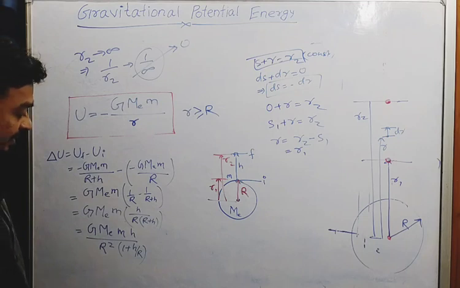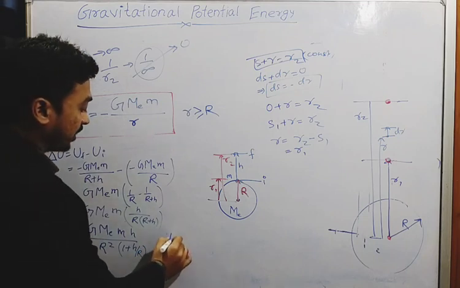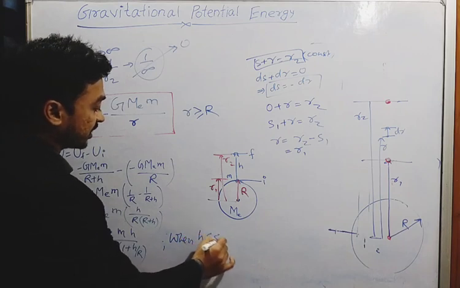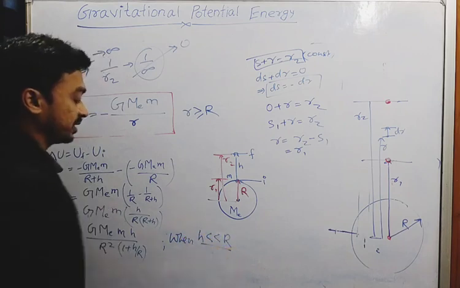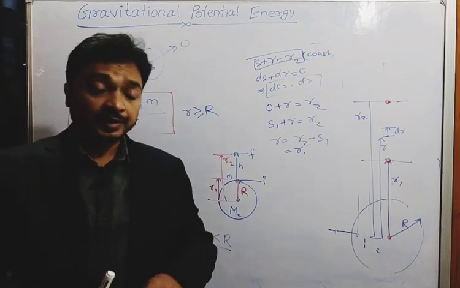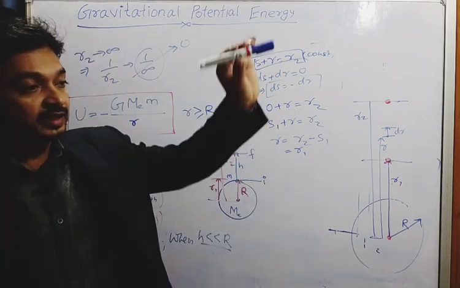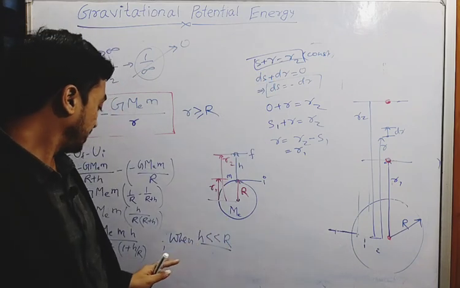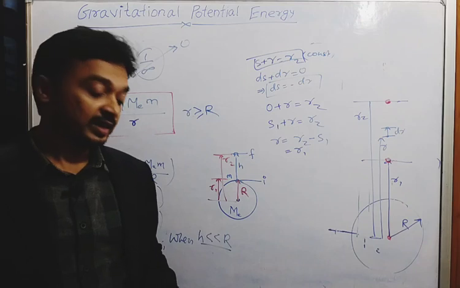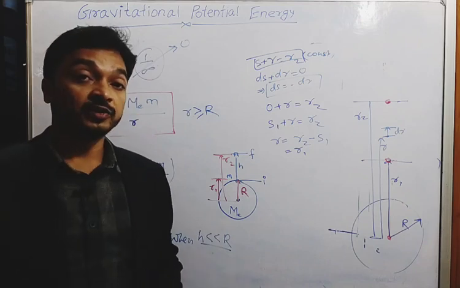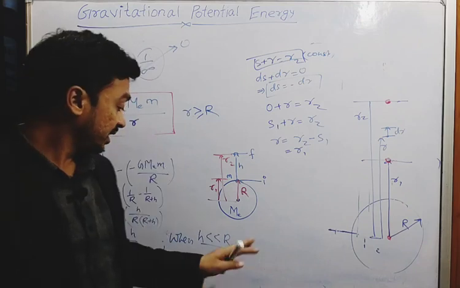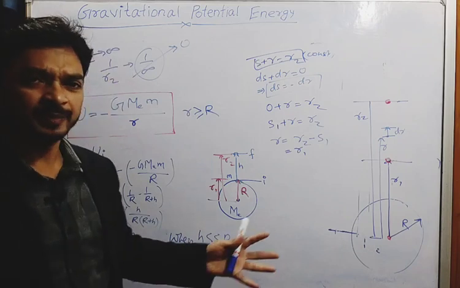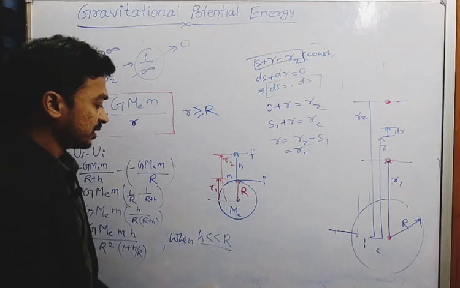See, when this h is much smaller than the radius of earth, we are giving a change in height of 10 meters, 20 meters, which is very small compared to the radius of earth, 6400 kilometers. A height of 10 meters or 5 meters is negligible.